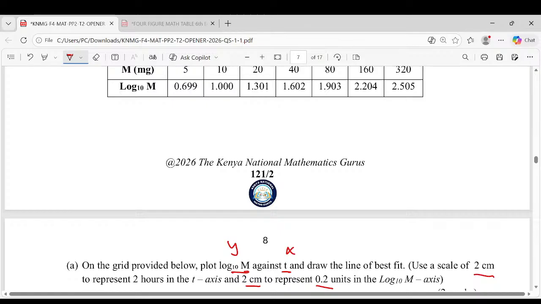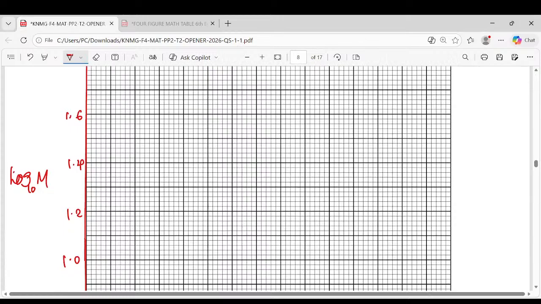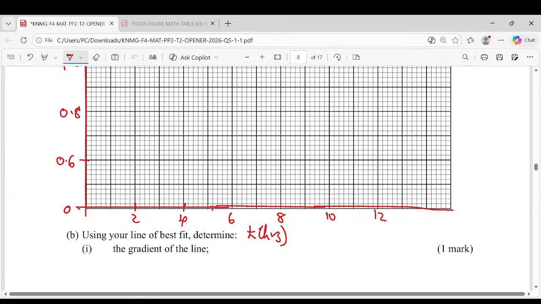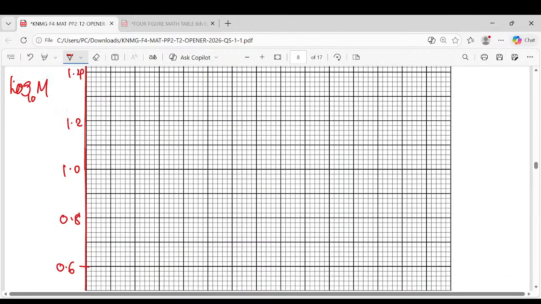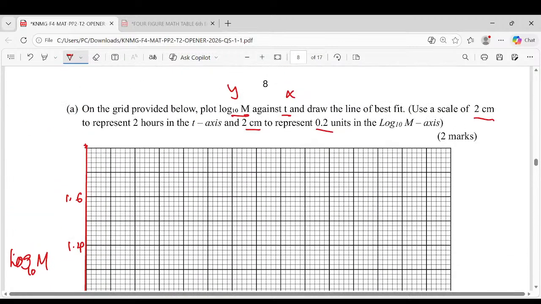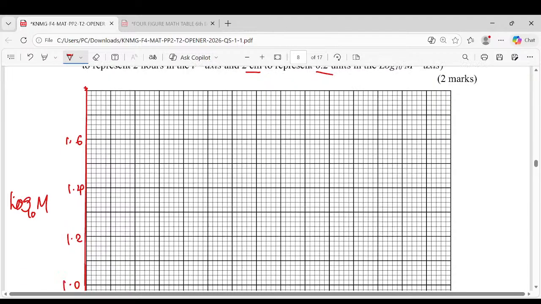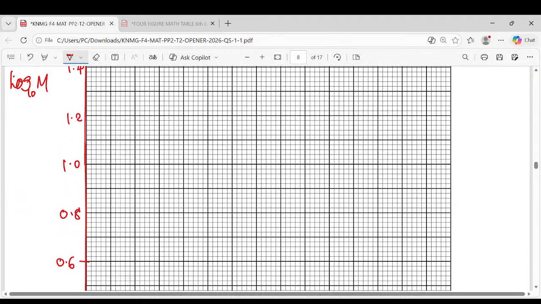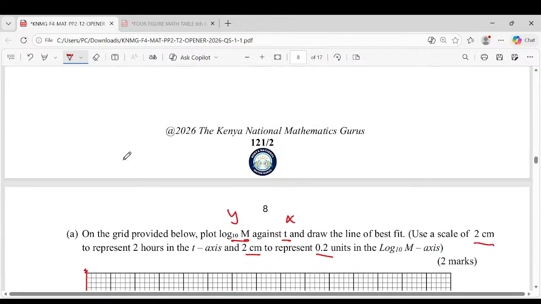What was the given scale? Have I skipped 0.6, 0.8, 1.2? I think the scale these people gave does not fit. The thing of 2 centimeters for 0.2 units is not working. It should be 1 centimeter for 0.2 units, because this one is getting up to 1.8.